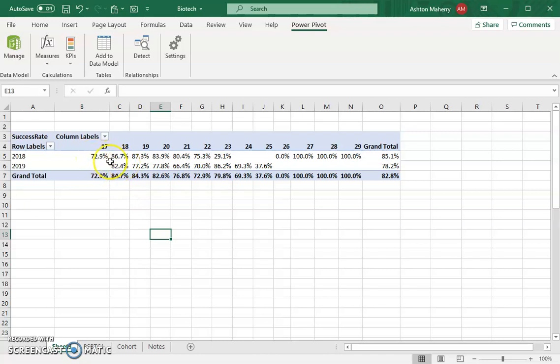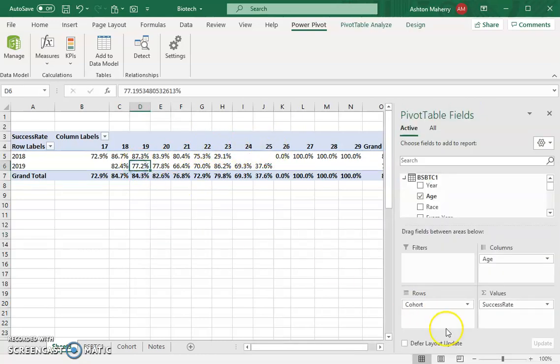So there, the 17-year-olds don't tend to do so well. 18, 19, 20s tend to do well. And then it starts to tail off. Possibly because these students are actually working. And they've got more commitments because they're older.